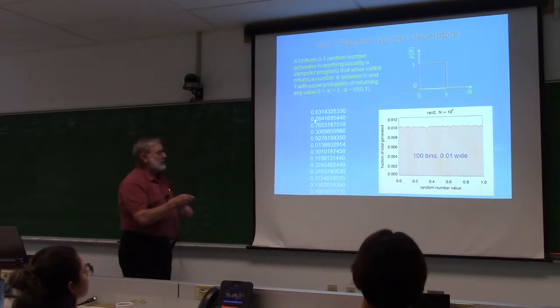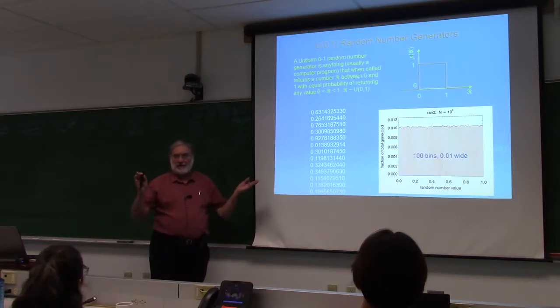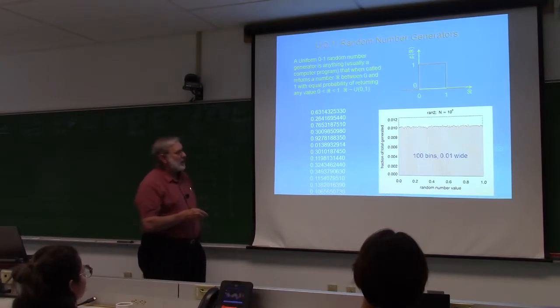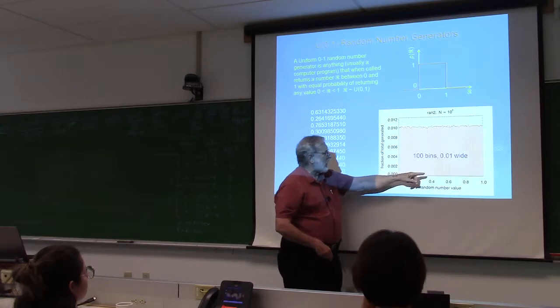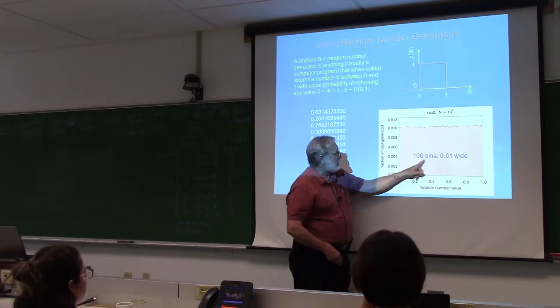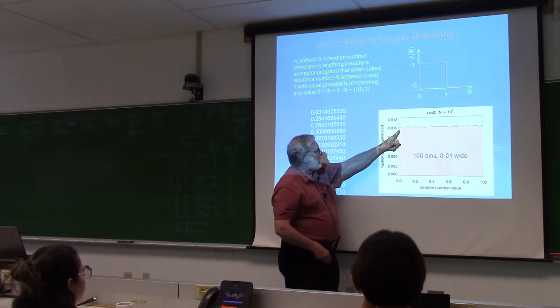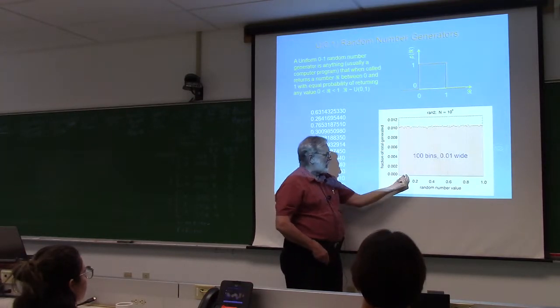Here I just used one of the built-in ones, and every computer language has a dozen different random number generators that you can use. So here I just generated 1,000,000 random numbers. The first bunch are seen here, and then I just binned them in bins 0.01 wide, so I have 100 bins, and looked at what fraction of the total fell in these little bins.